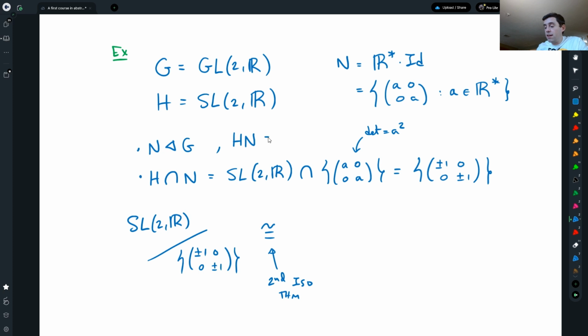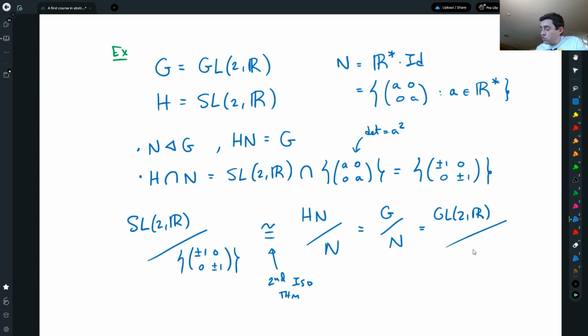So H times N is actually all of G. So this is isomorphic to HN modulo N, which is all of G modulo N, which is in fact all of GL2(R) modulo the subgroup N, which is every multiple of the identity. So it gives me an isomorphism between this and this other group.